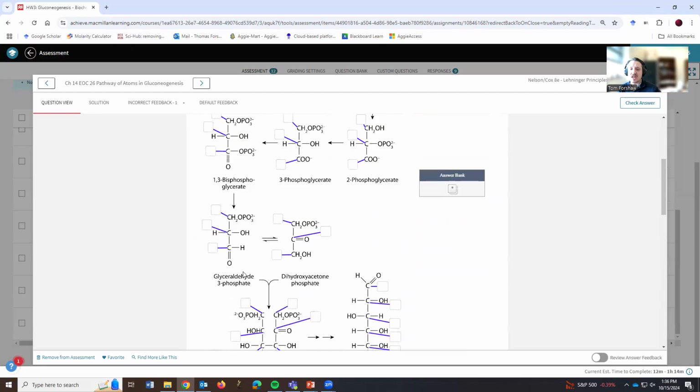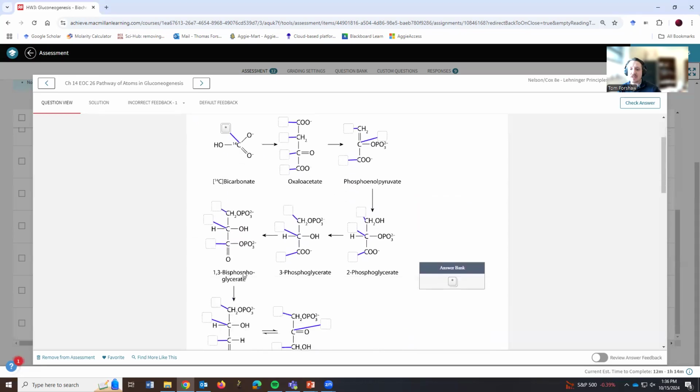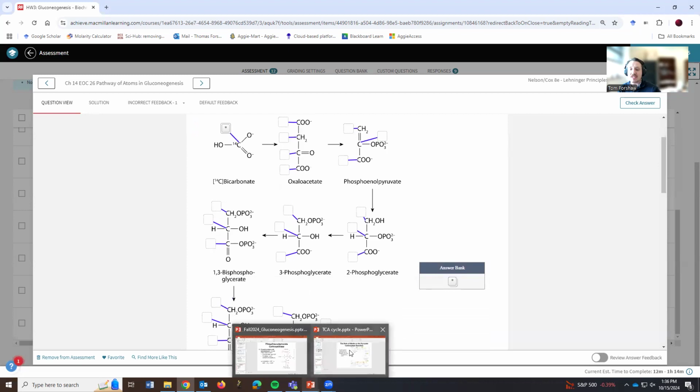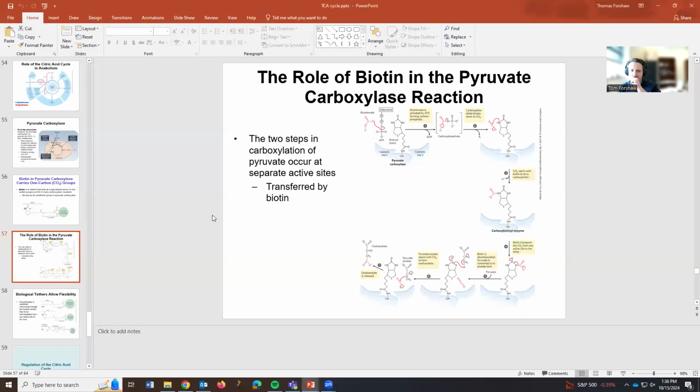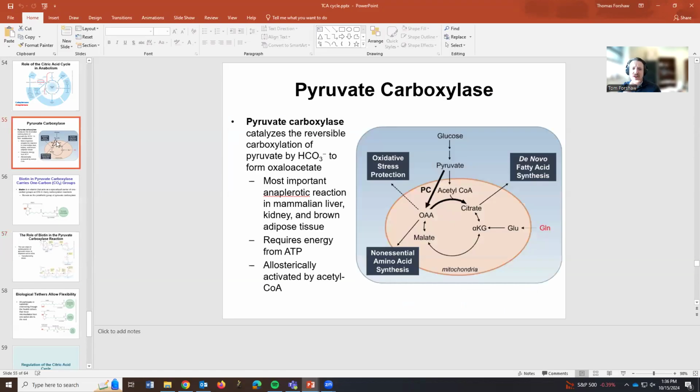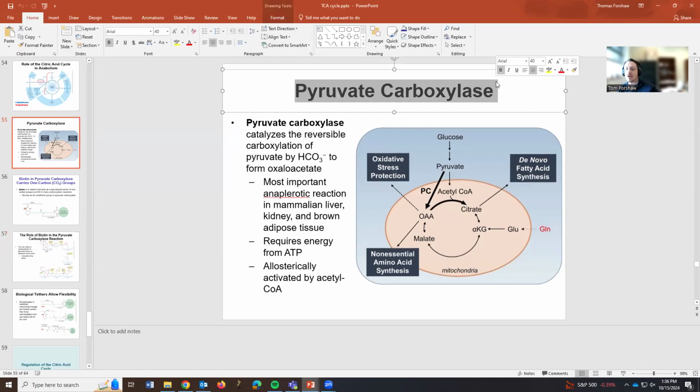And then, if we start with the bicarbonate, we go to our lecture on the TCA cycle. If we follow up to slide 37, or 35, 55, 56, 57, it covers this molecule, pyruvate carboxylase, this enzyme.